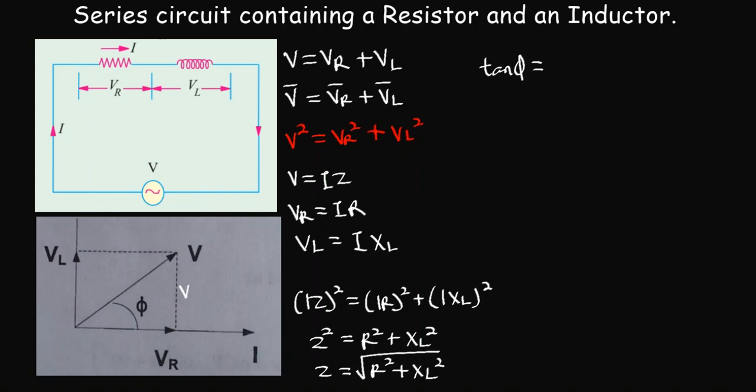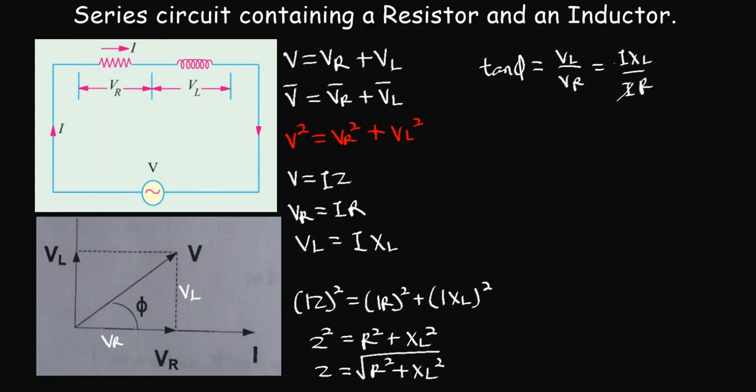In this case, the voltage drop across the inductor will be opposite to the angle, and the voltage drop across the resistor will be adjacent. So you're going to have VL over VR, and this will be equal to IXL over IR.